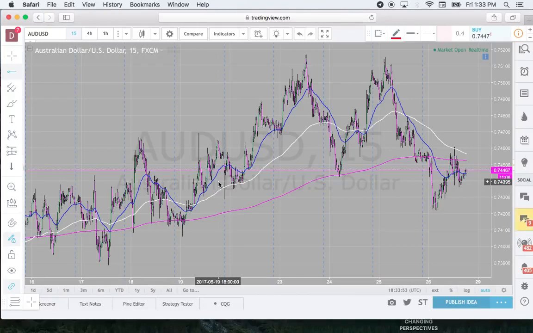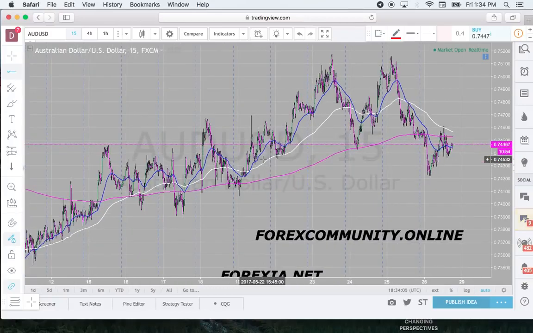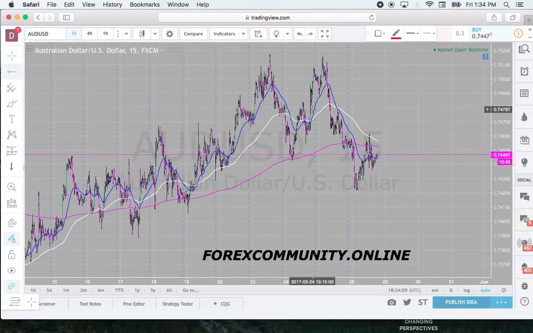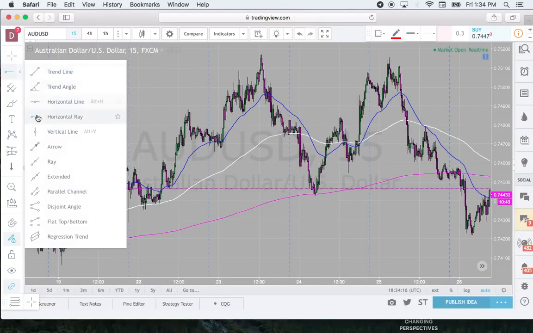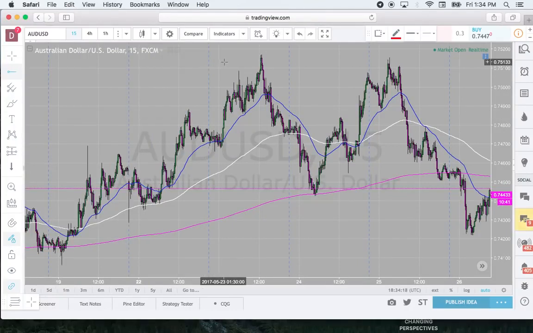But for our purpose, we're going to be focusing on the 15-minute chart and looking at the highs and the lows of the day and the highs and the lows of the week, and sometimes the highs and the lows of the month. But right now, just stay along and we'll focus on the 15-minute chart right here.